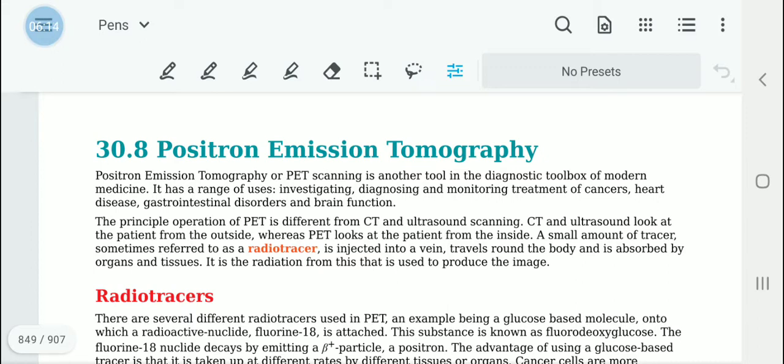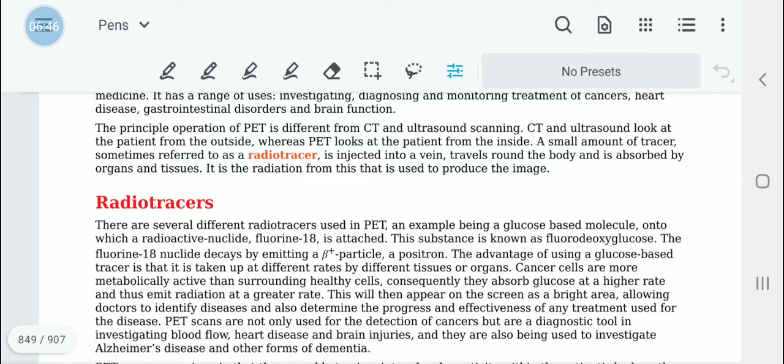Positron emission tomography, that is PET scanners. Rather than looking at the patient's body from outside, like in CT scan or ultrasound, the patient's body is injected with a radio tracer which would be absorbed by organs and tissues.